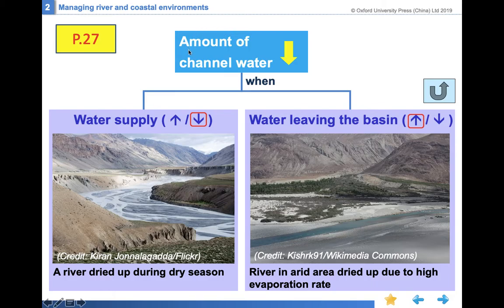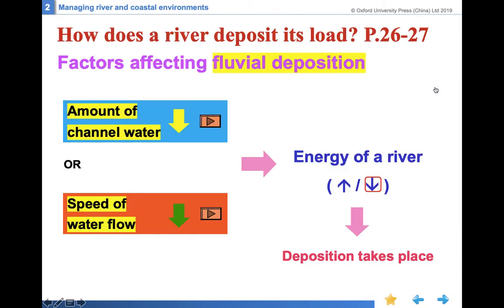The amount of channel water will decrease when the water supply decreases, of course in the dry season, or when more water is leaving the basin, because a river in an arid area will dry up due to a very high evaporation rate, so it would reduce the amount of channel water.